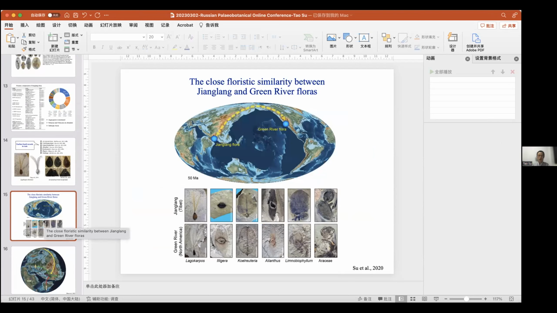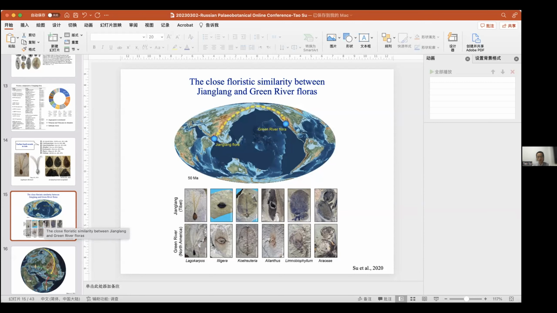Yeah, that's our hypothesis. When we check the fossil records around the world, we found this phenomenon very interesting. I visited Gainesville, Steve's lab, to check the fossil specimens from Green River.